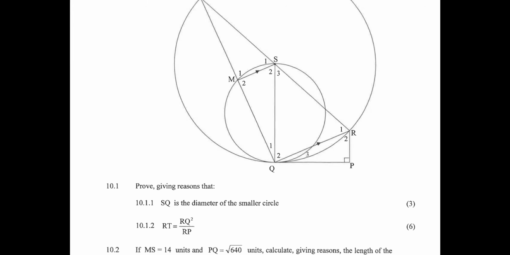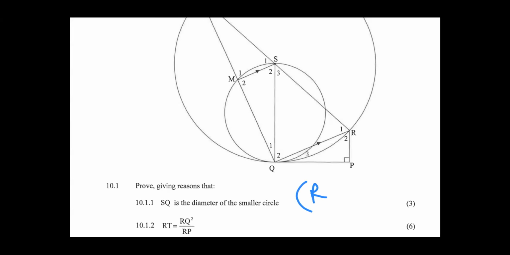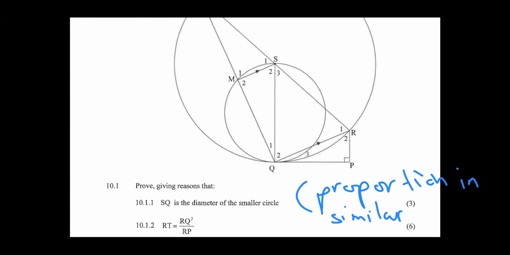So your reason there is proportion in similar triangles. Okay, so that's how we took the first two letters of each triangle and the first and the last letter of the two triangles. That's what I did.